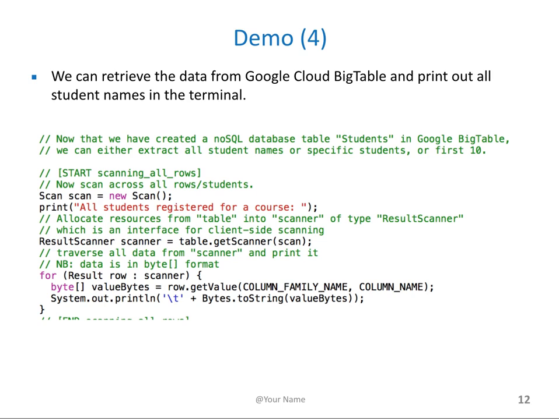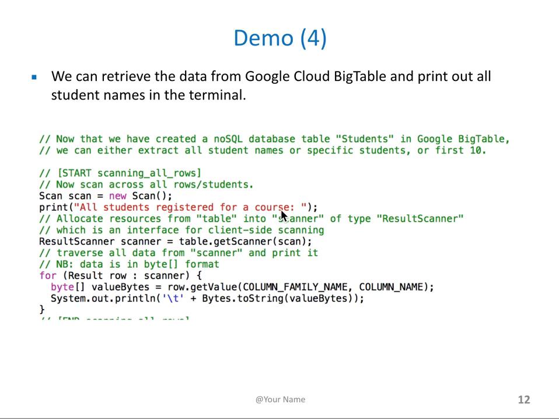Okay, so at this point we have our BigTable table, and we need to have some ways to interact with it. Let's say we want to get all the student names that have registered for the course. At first we need to scan across all the rows.